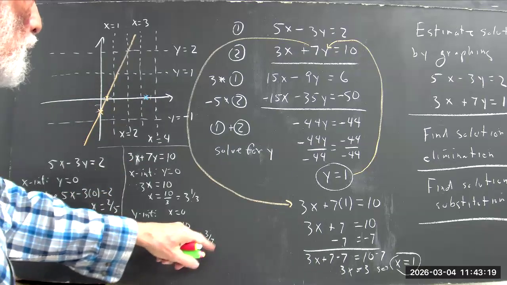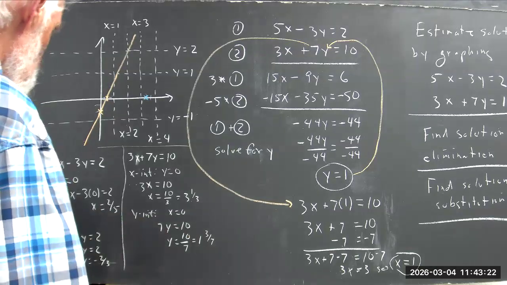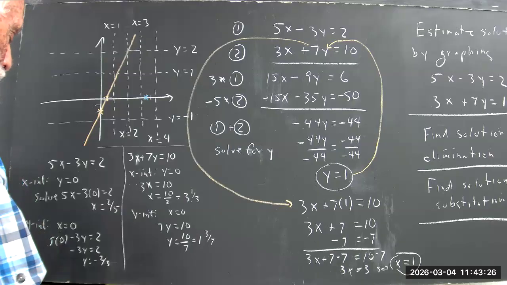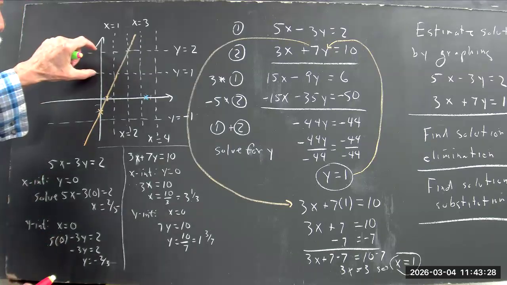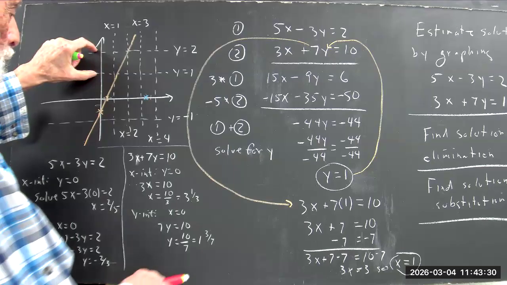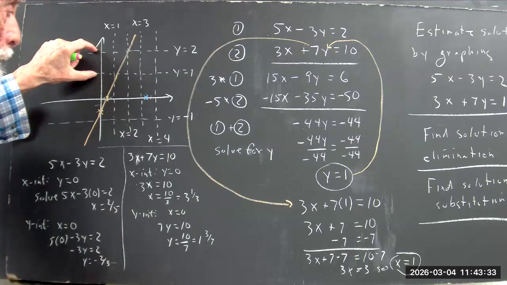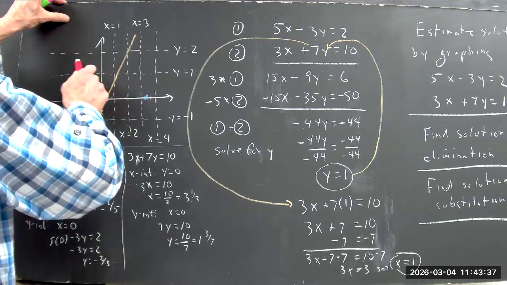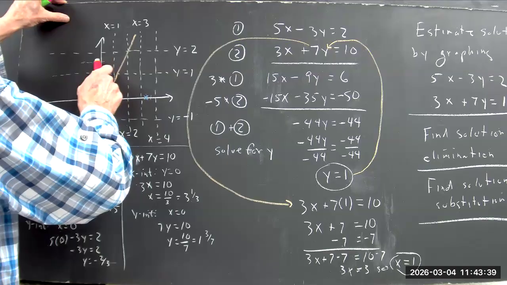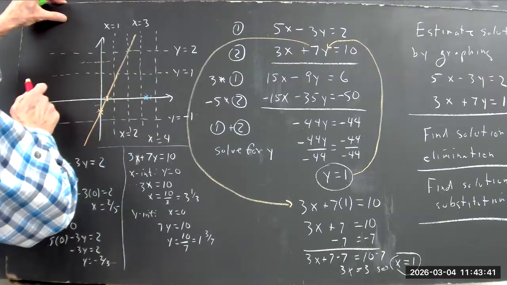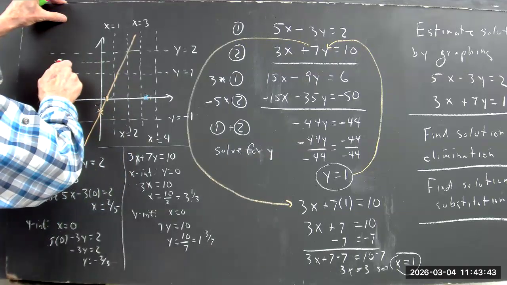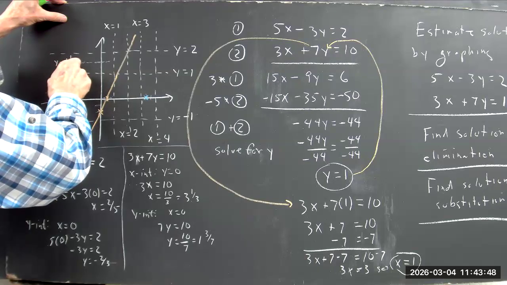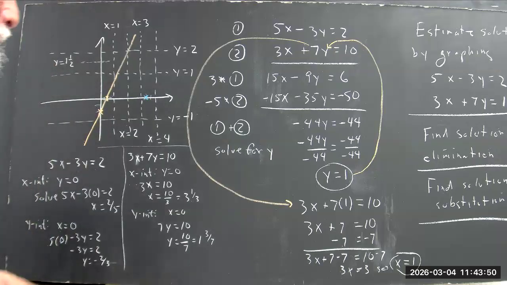The y-intercept is 1 3/7. So we come out to the y equals 1. Now, I could divide the interval between y equals 1 and y equals 2 into 7 equal parts. That's kind of hard to do, to make them equal. So I'm just going to say, well, I'm going to make a line halfway between, and that's at y equals 1.5.